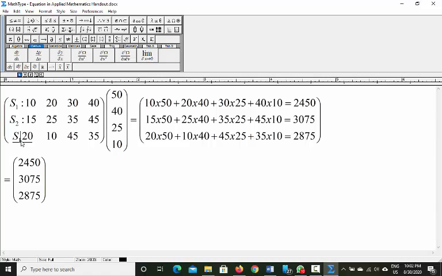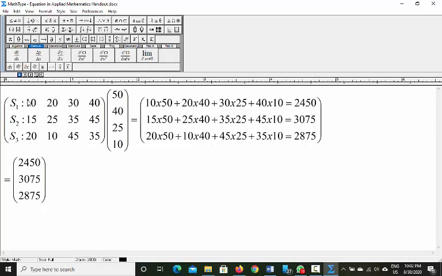This one represents the buying pattern of the third salesperson. So this row represents the buying pattern of the first salesperson, this one the second salesperson, and the third row represents the buying pattern of the third salesperson.